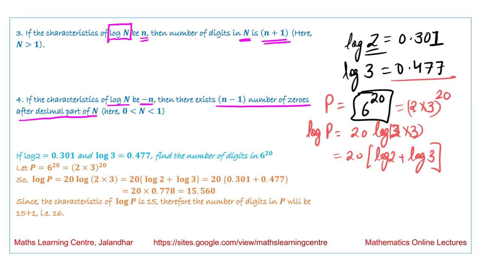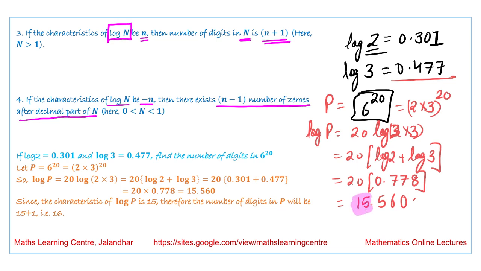If we add both these values, we obtain 20 into 0.778. On multiplying these values, we obtain 15.560. So the characteristic we have over here is 15.